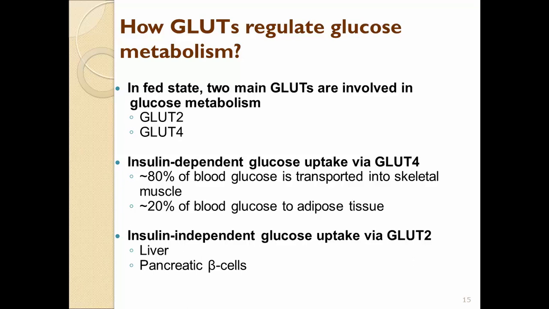And insulin independent glucose uptake goes through group 2, right? Liver and pancreas beta cells.